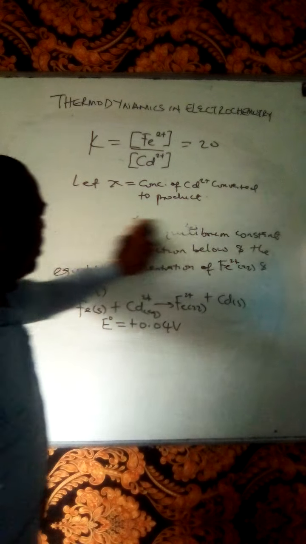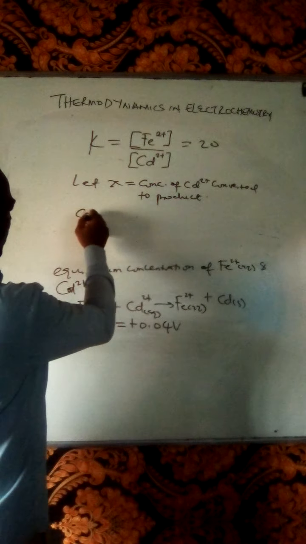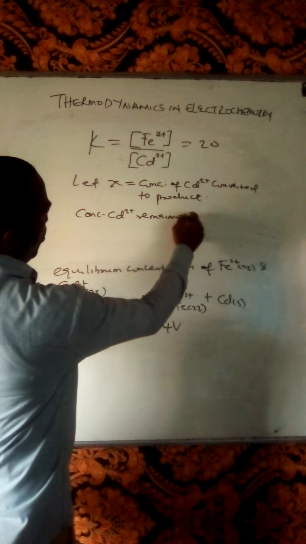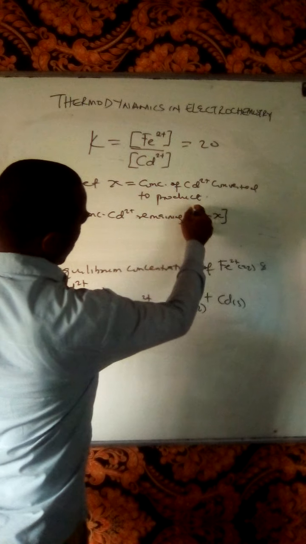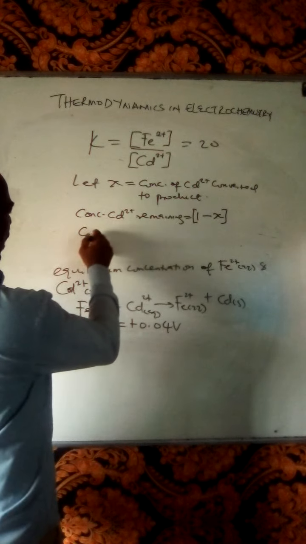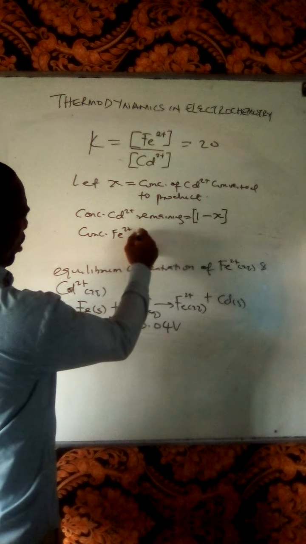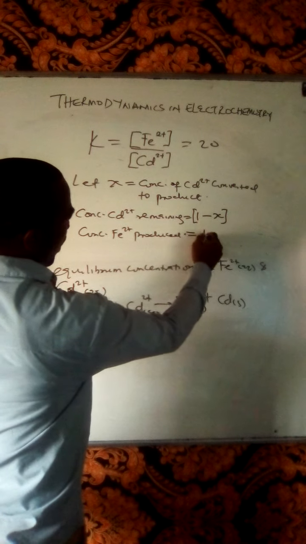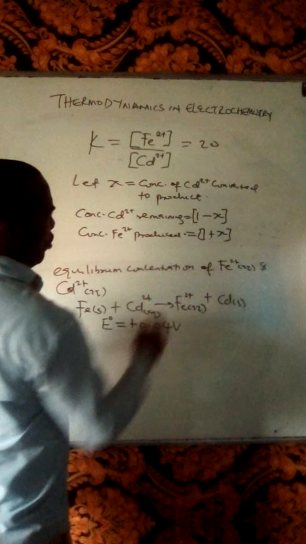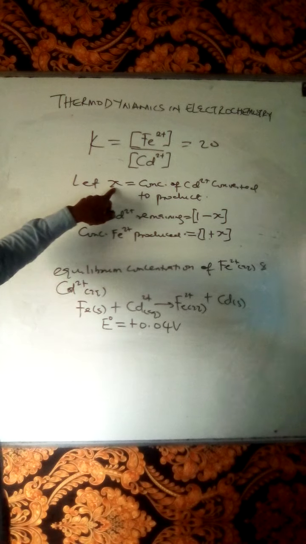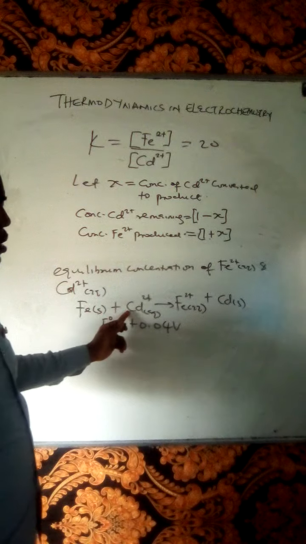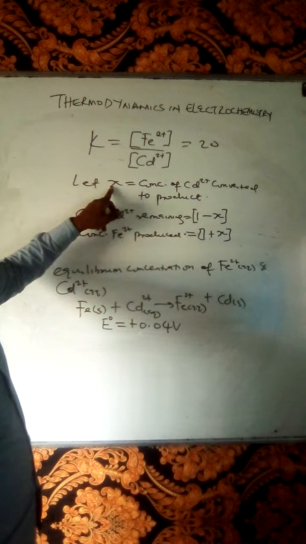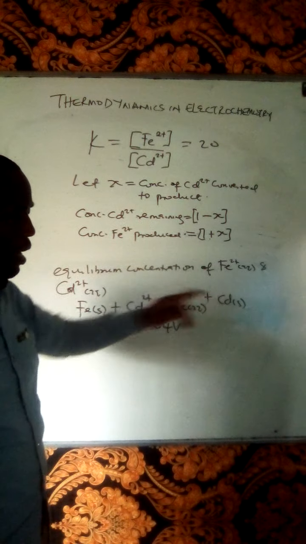Then the concentration of cadmium remaining at time t will now become 1 minus S, while the concentration of iron 2 formed or produced at time t will now be equal to 1 plus S. So if S represents the amount of cadmium that is transferred to the product at equilibrium, the same S also represents the amount of iron 2 that is produced at equilibrium at a particular time.